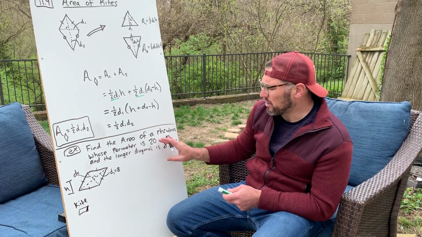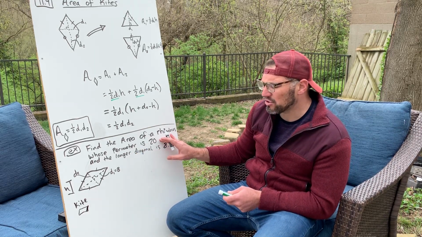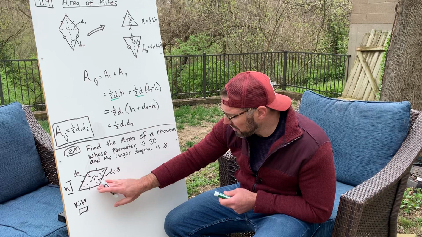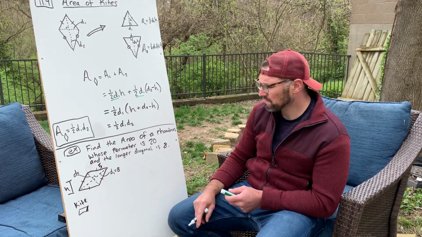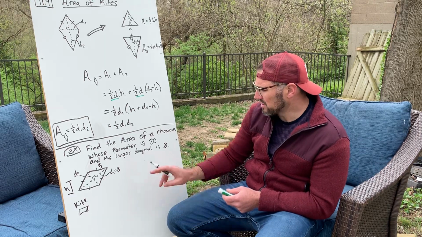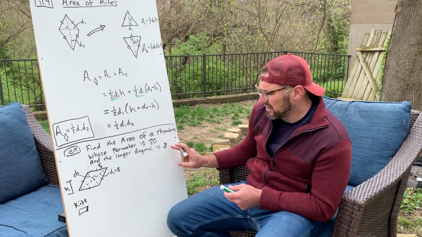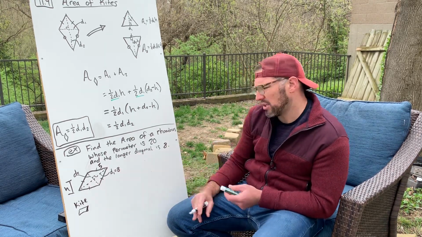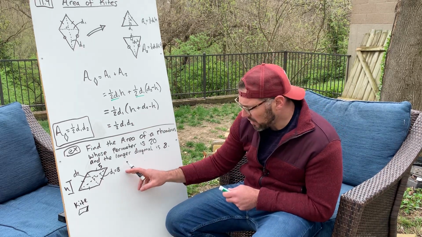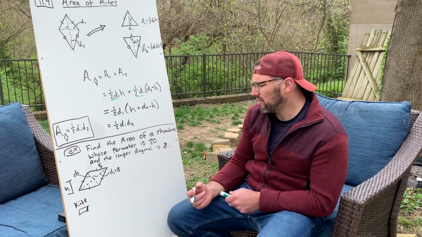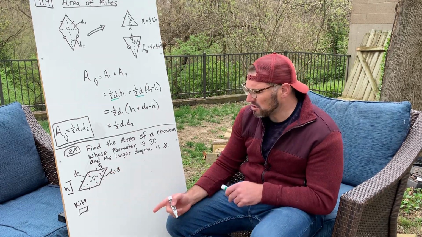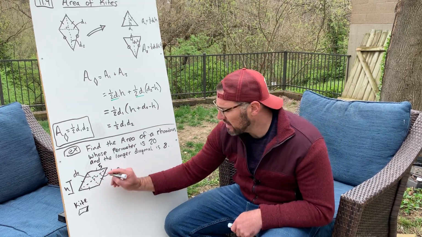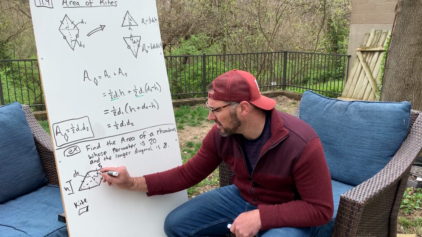We know the perimeter is 20. If the perimeter is 20, and all these sides are congruent, that means each one of the sides is 5. You agree? What else? The longer diagonal is 8, so I just called this longer diagonal D1. A property of a rhombus is that the diagonals bisect each other, which means if this total here is 8, then this little piece here is 4.